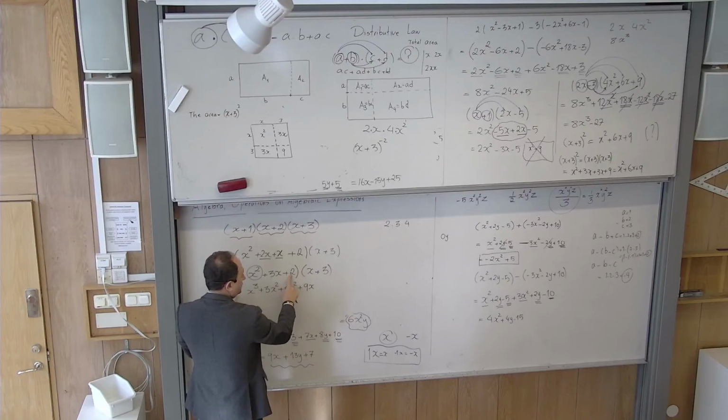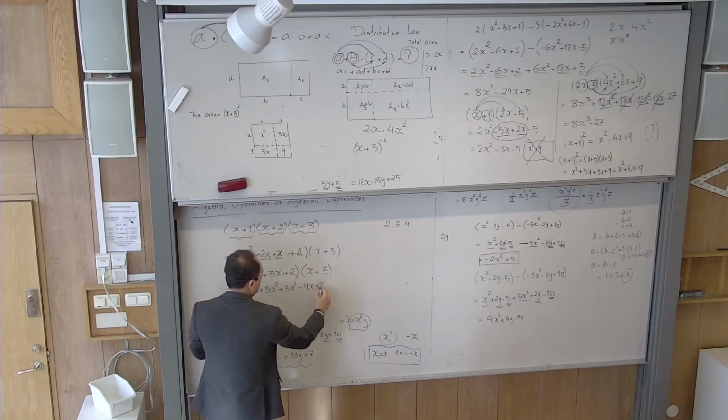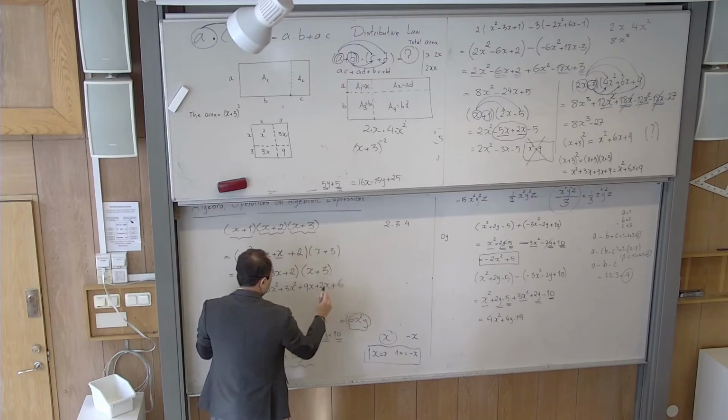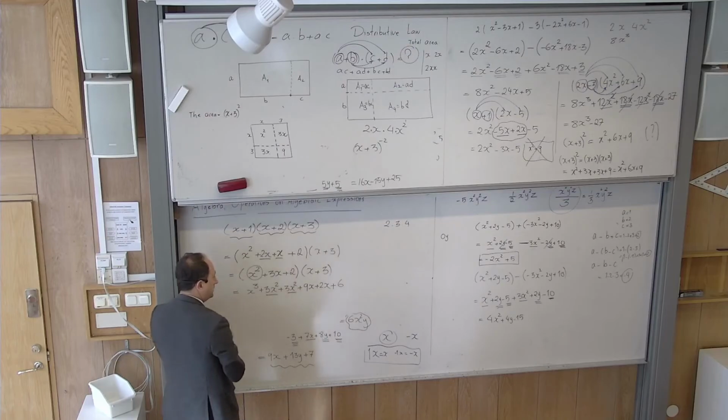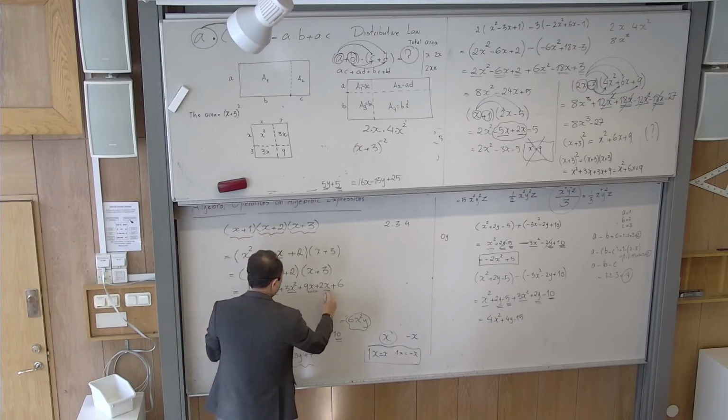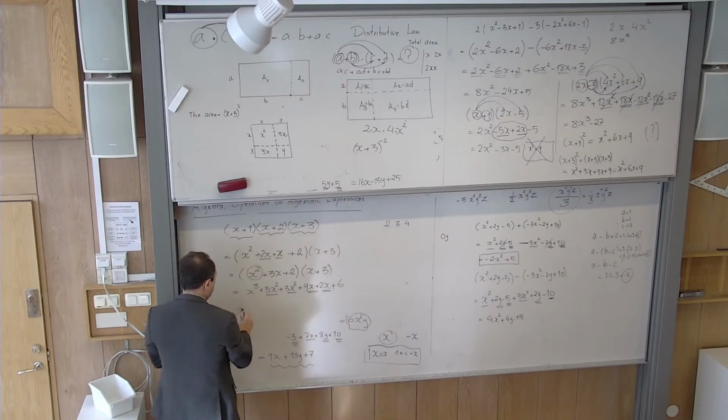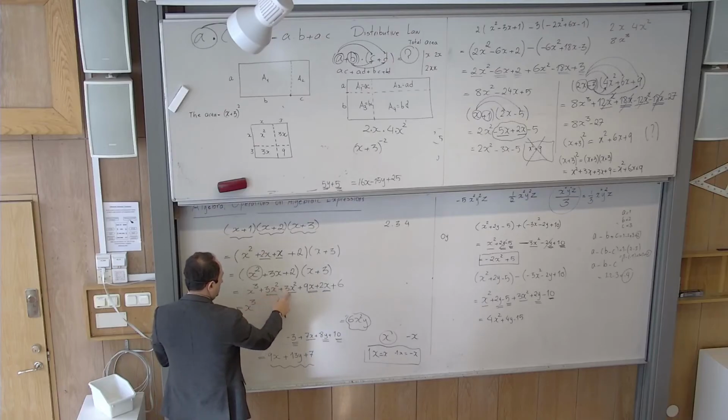And now I go to this one. 2 times x is 2x. And 2 times 3 is just 6. And then you realize that now suddenly these two become similar terms. And these two also are similar. So what's the answer? x to the power of 3. 3x squared, I have 6x squared.